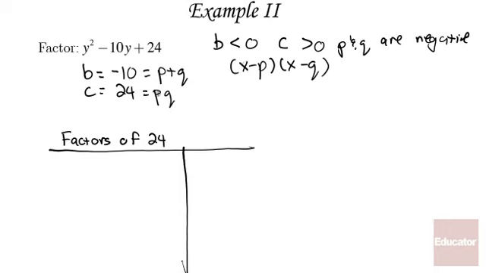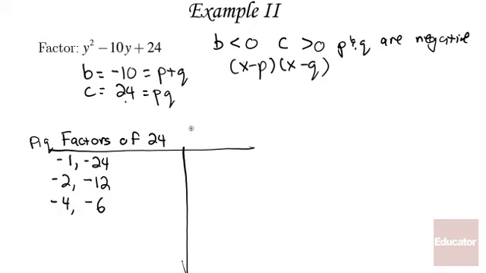Because P times Q is 24. And I'm keeping in mind that these are both going to be negative. P and Q are both going to be negative. So negative 1 and negative 24, that's a set of factors, both negative. Negative 2 and negative 12. And finally, negative 4 and negative 6.